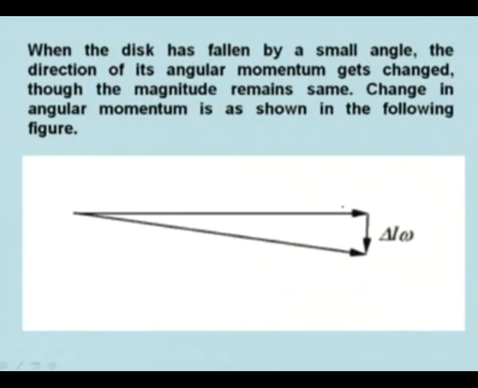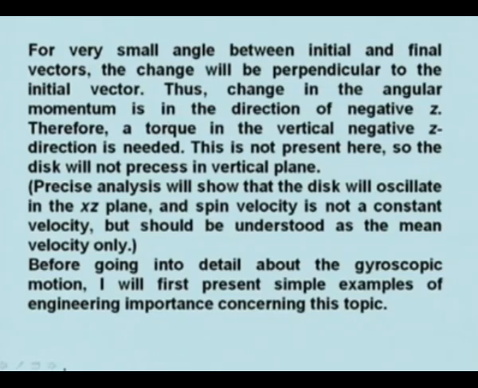You have I omega, and it started falling, and at this point this is also I omega, and the change is almost perpendicular. Thus the change in angular momentum is in the direction of negative z. Therefore a torque in the vertical negative z direction is needed, otherwise this cannot take place. This is not present here, so the disc will not precess in the vertical plane. That is the way it has been shown.